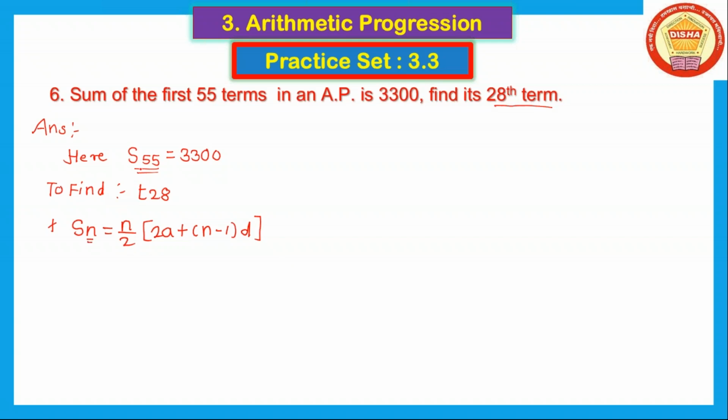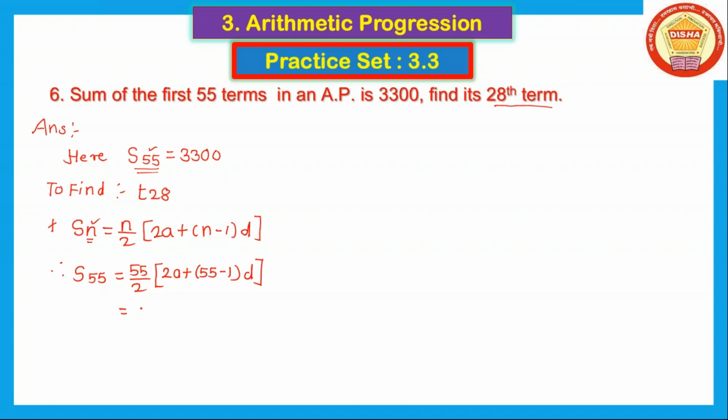Sn, see in question, the sum of 55 terms, means the value of n is given here as 55. So we write here S55 is equal to 55 upon 2 in bracket 2a plus, again we take here 55 minus 1 into d.